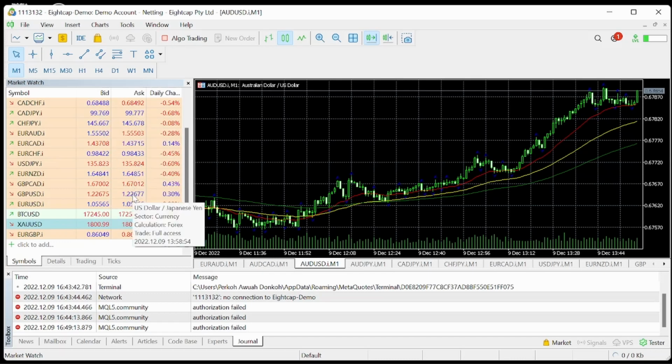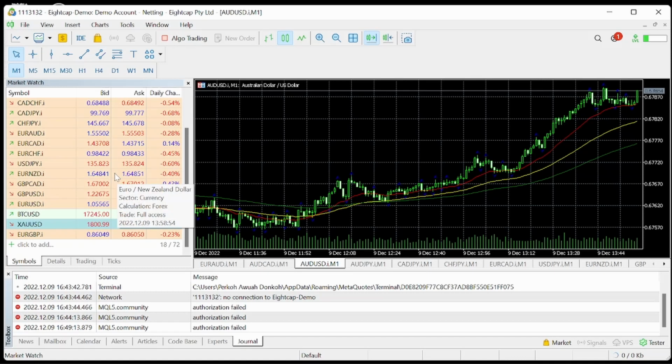Okay, so the bid here is the same as the bid price, and the ask here is the same as the ask price. Now let's take into consideration the pair USD/JPY, that is the US dollar and the Japanese yen. We can see that the bid is 135.823, and the ask is 135.824.